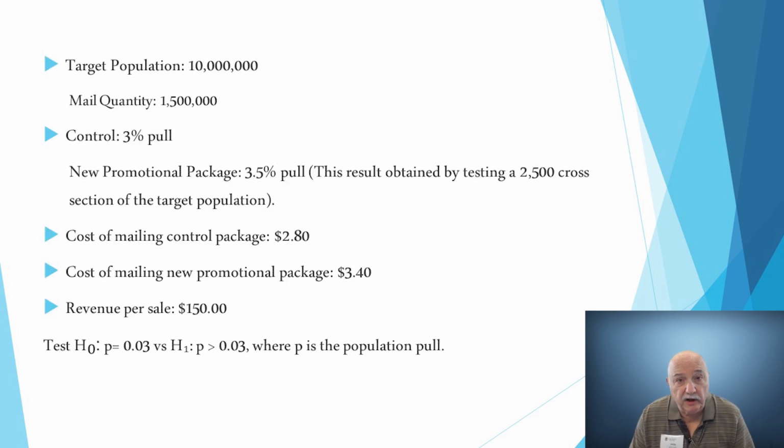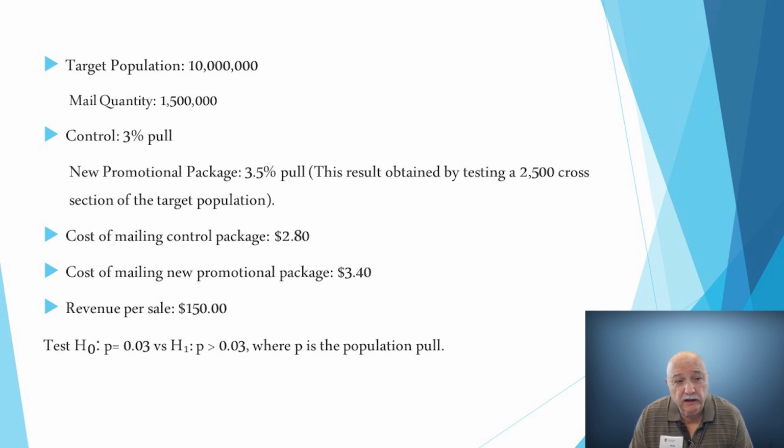The scenario I want to take a look at is borrowed from the world of direct marketing. Let us assume that we have a target population of prospects that is 10 million in size. And we have budget to do a mailing of 1.5 million, which we're going to randomly select from the target population.